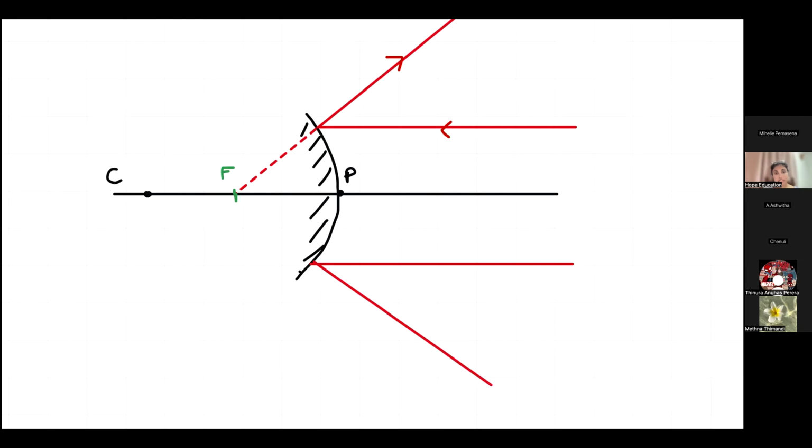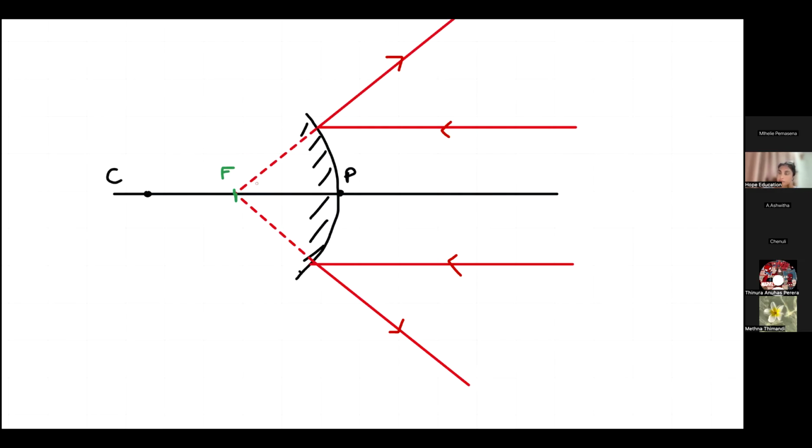Since it's not meeting the principal axis, I'm going to extend that backwards. It's reflected outwards, so it will not meet the principal axis. So I extend it backwards, and I can see again that it meets the principal axis at the focal point.